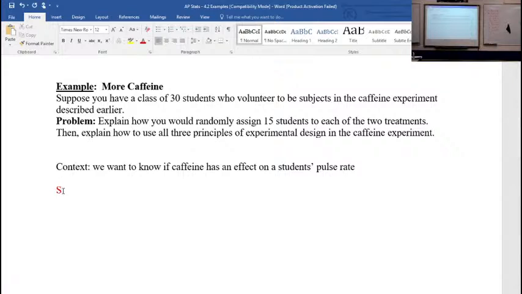So, solution. First off, we want to say that we're randomly assigning. So randomly assign 15 students, randomly assign 15 students to each group.